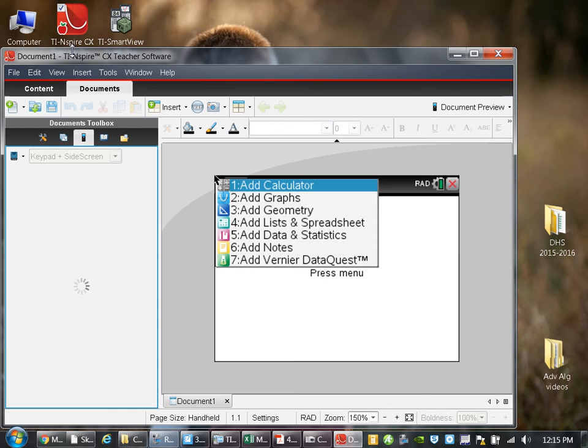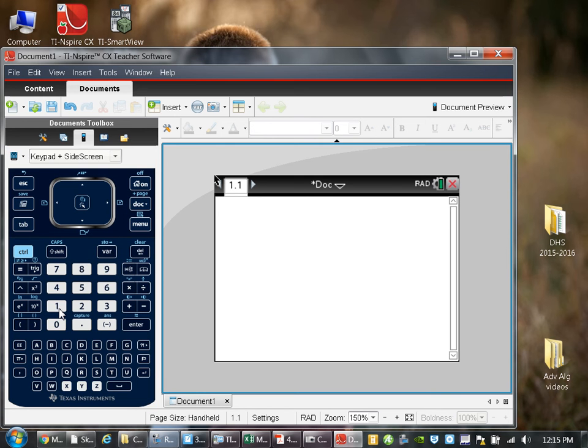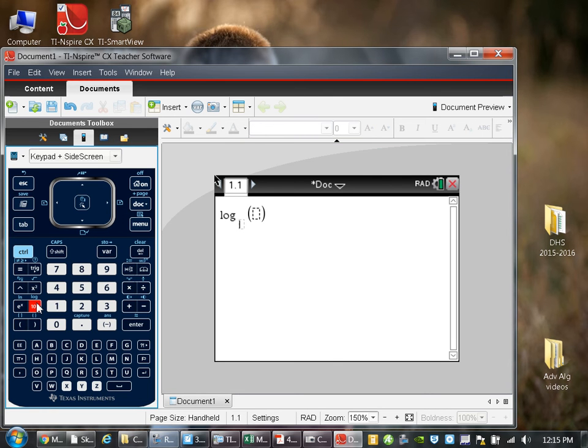Once you hit Control 10 to the X, it automatically pops out where it wants you to type in the base. So you just write 2, arrow over. And there's your answer, 3.81.